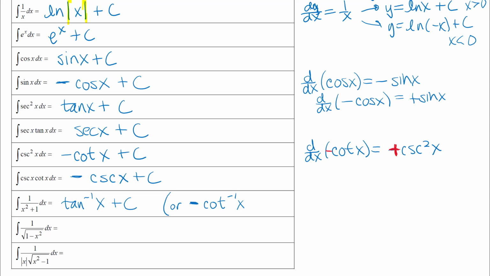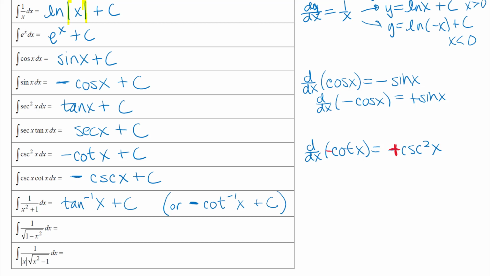So if I use a negative out front here, I get an alternate form of that antiderivative. So tangent inverse of x and negative cotangent inverse of x are not the same function, but they differ by a constant. So the plus c on one of these is not exactly the same as the plus c on the other one, but remember c can represent all the possible numbers.